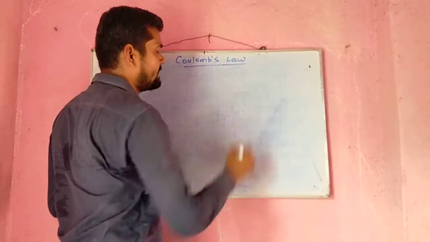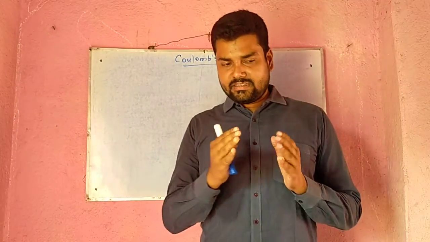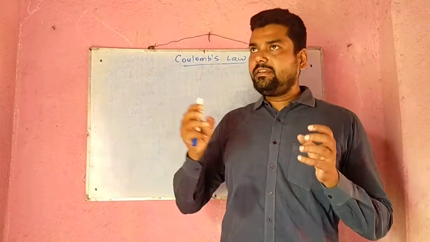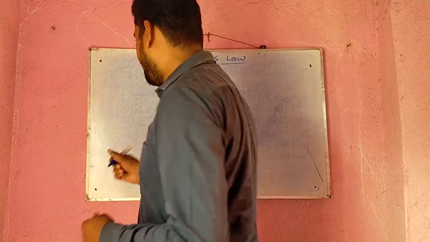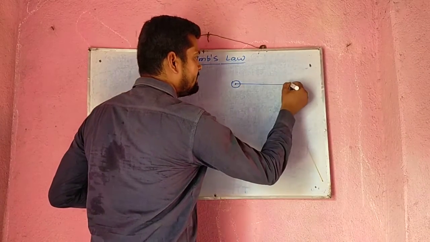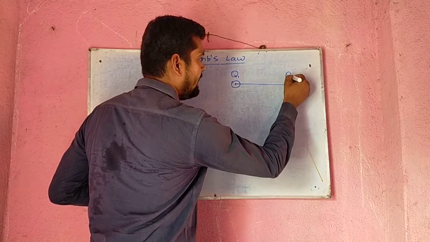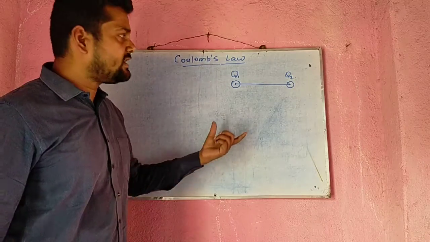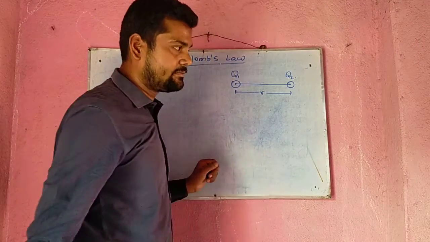Coulomb's law generally says that the force acting between two charges, say charge q1 and charge q2, that are point charges separated by some distance r.